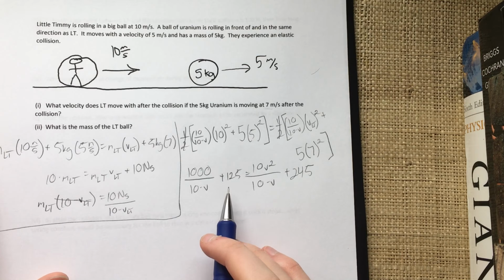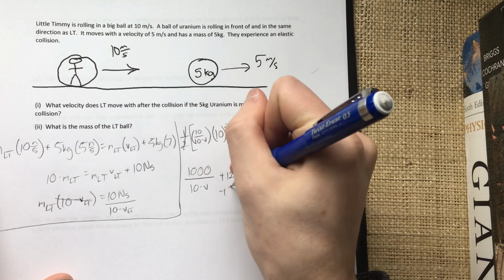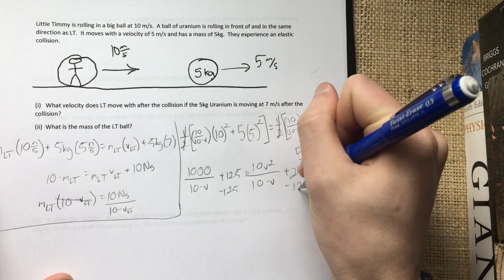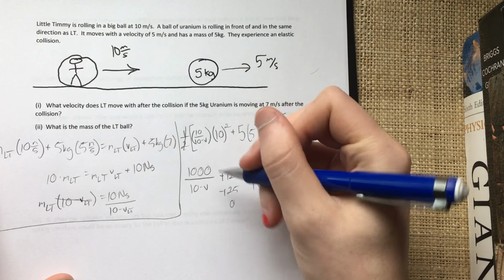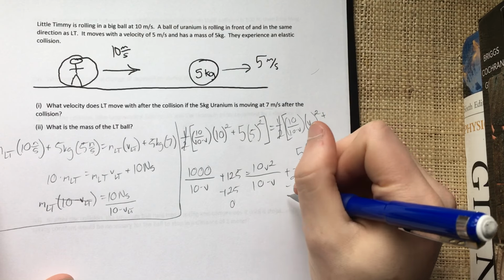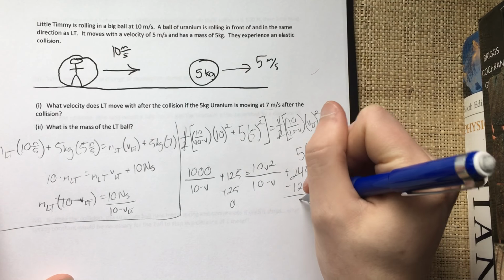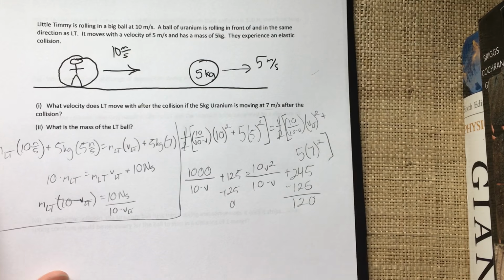From here, I'm going to want to subtract 125 from both sides, which gives 0 right here, and 120 right here.